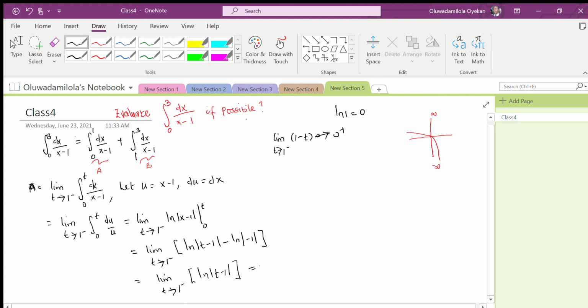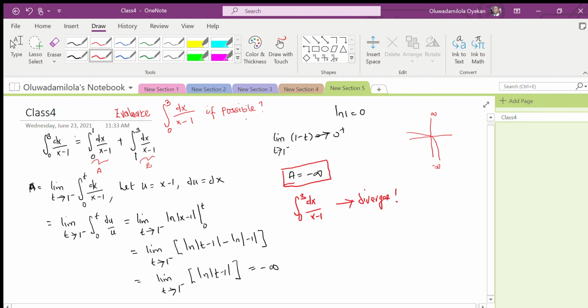So a is equal to negative infinity. Since a is negative infinity, we don't actually need to solve b anymore, because whatever b is, the sum is still negative infinity, and that tells us that our original integral, from 0 to 3 of dx over x minus 1, diverges.